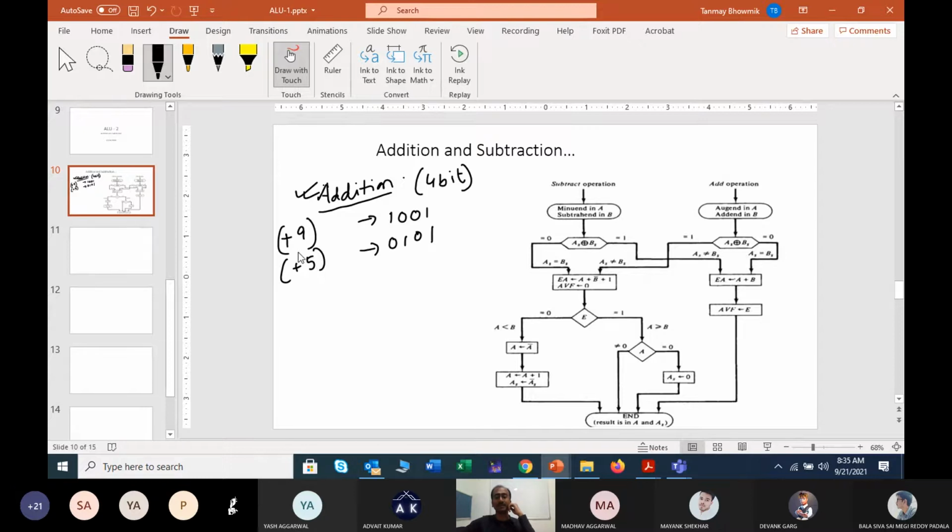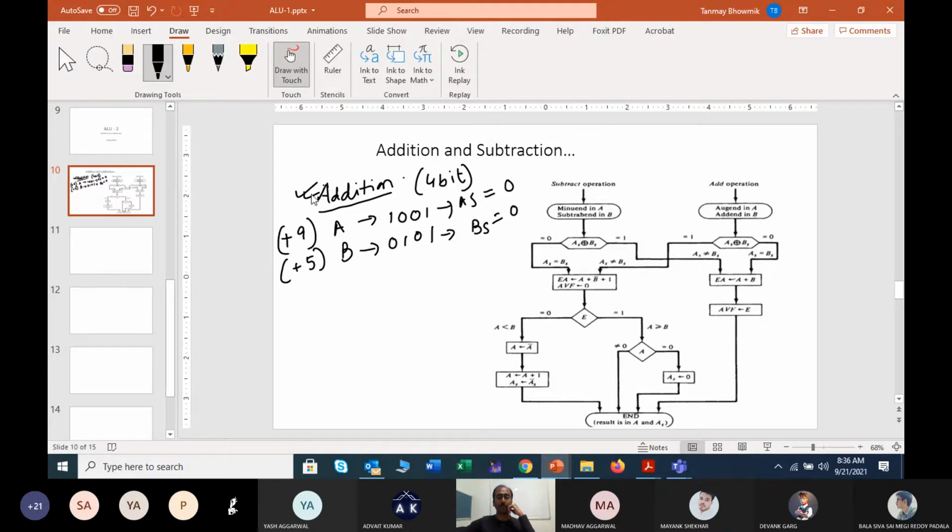If anyone asks what the sign bit is, this number has been stored in A and this number in B. The sign bit of A should be 0, and the sign bit of B should be 0 again, because both of them are positive numbers, right?